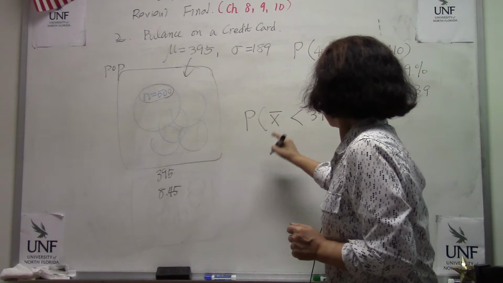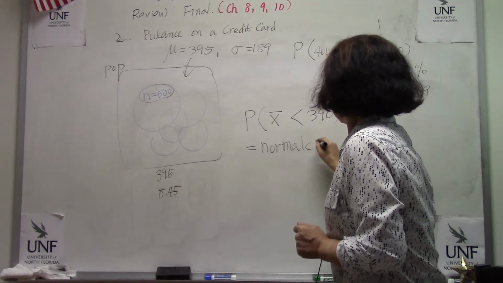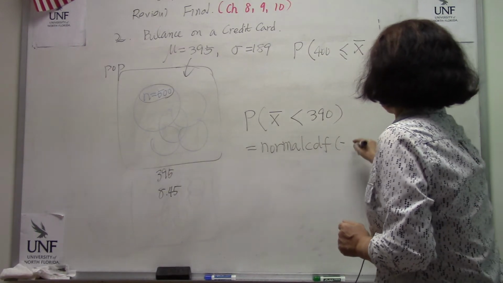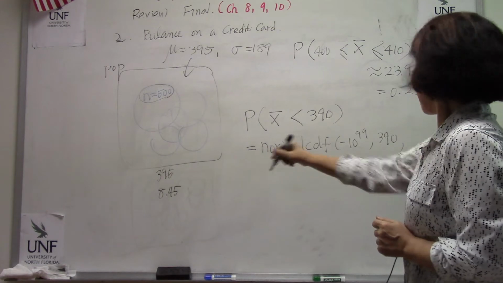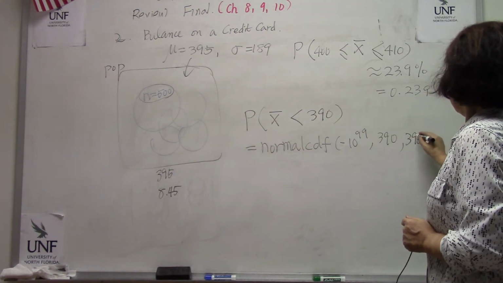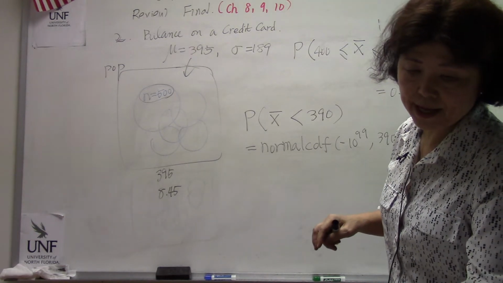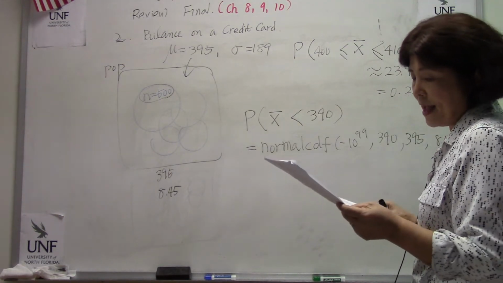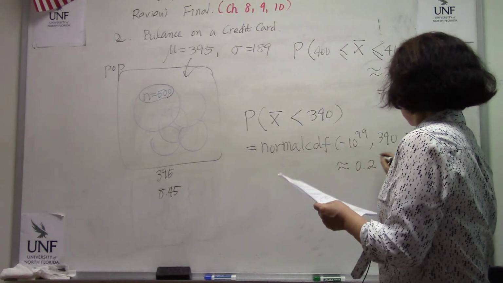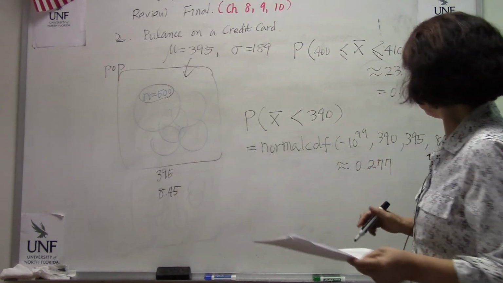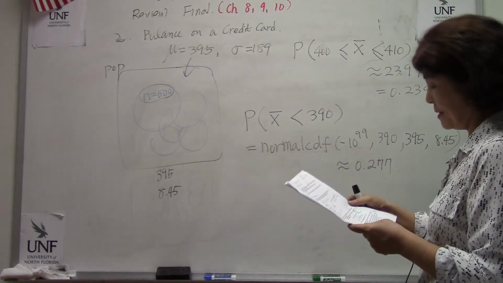This is, again, normal CDF. Negative 10 to the 99, and 390, and 395, and 8.45. Okay. You set up, and then you are going to have 0.277. Okay. Approximately 27.7%.